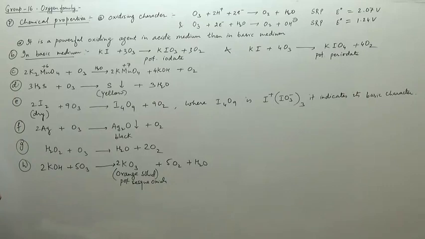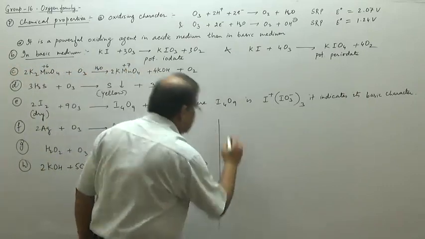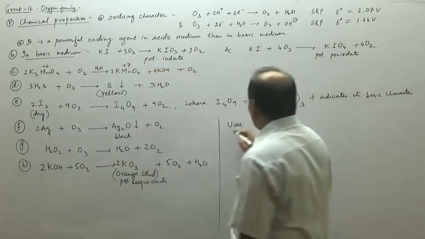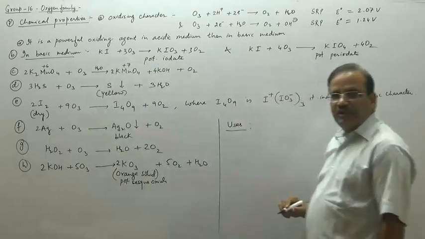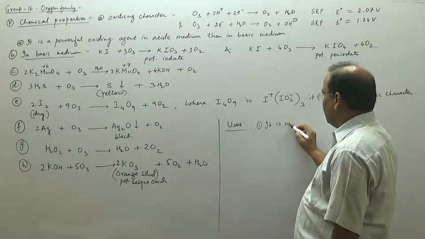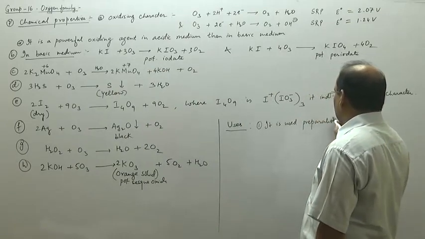Now I will write the uses of ozone. This is a chemical reaction now. If I have to discuss the uses of ozone, then it is used in the preparation of KMnO4.